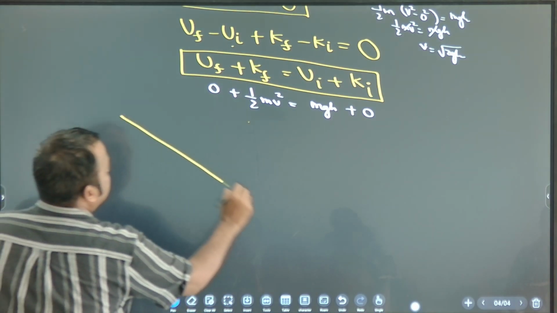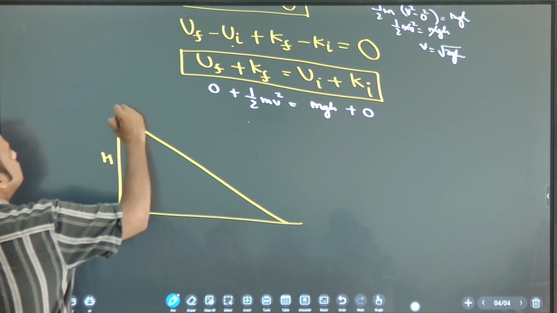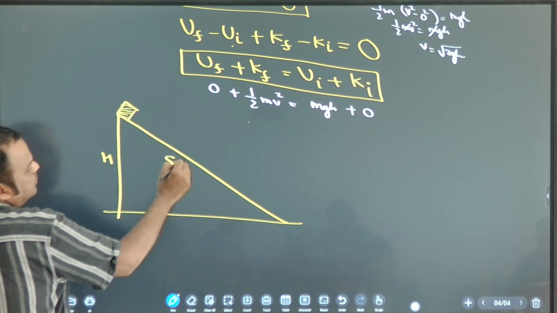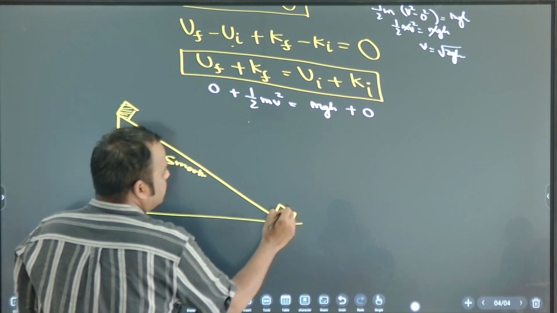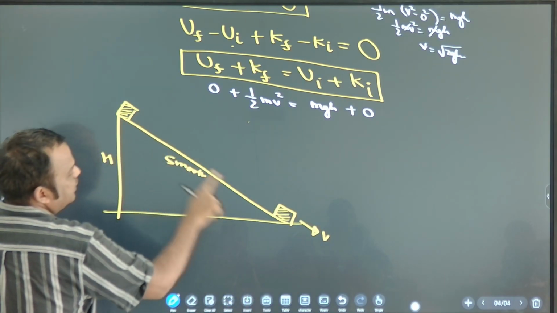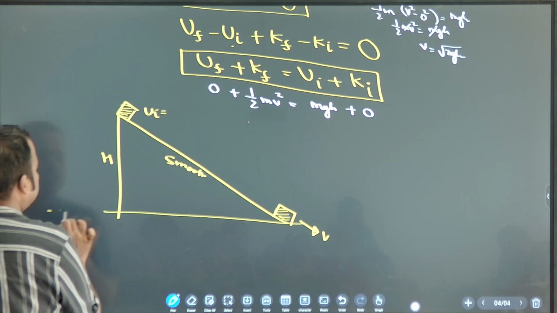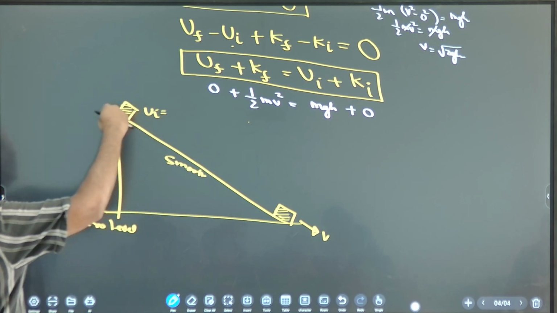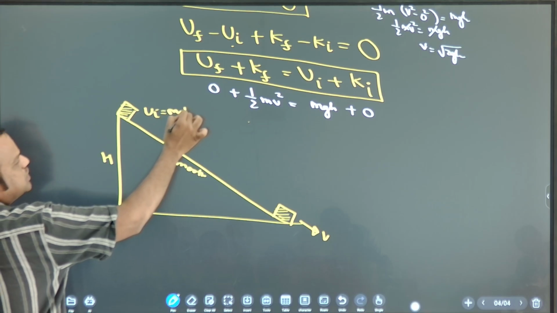Same thing in an inclined plane. Suppose the initial height is h. Now the block is released from here. This is the block. It is a smooth surface. Can you tell me what is the speed here? Sliding. So what is U initial here? This is the 0 level. So U initial is mgh. What is K initial?